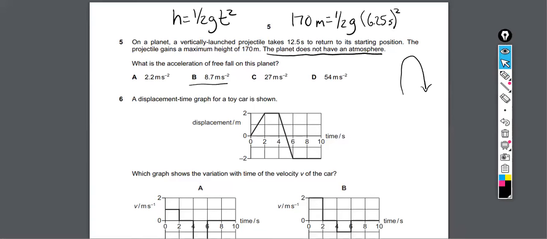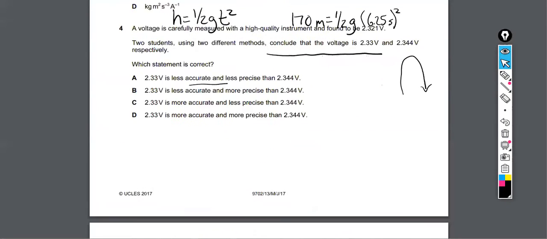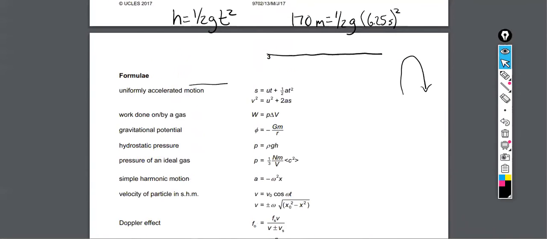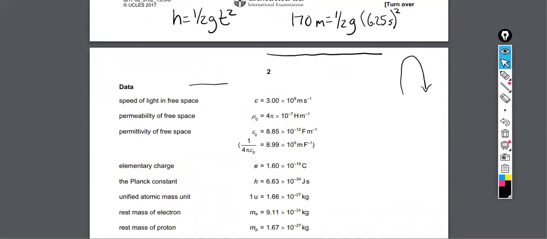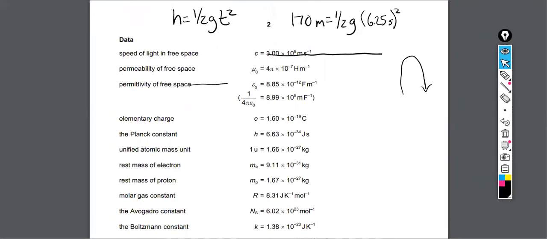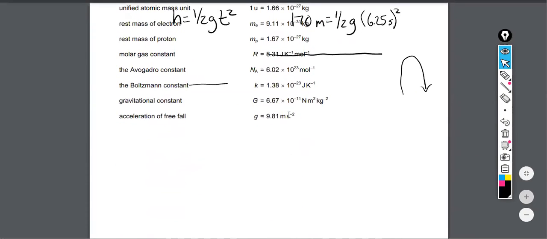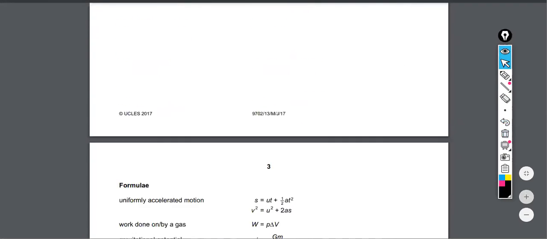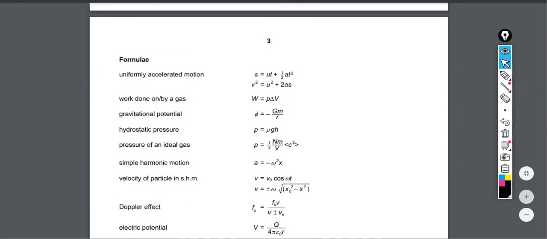Now, you will get on your midterm this list of formulas and this list of data. So the data is not really going to help you. Like, it's got the speed of light. If you forget g is 9.81, it's there for you. You will get this list of formulas, okay?